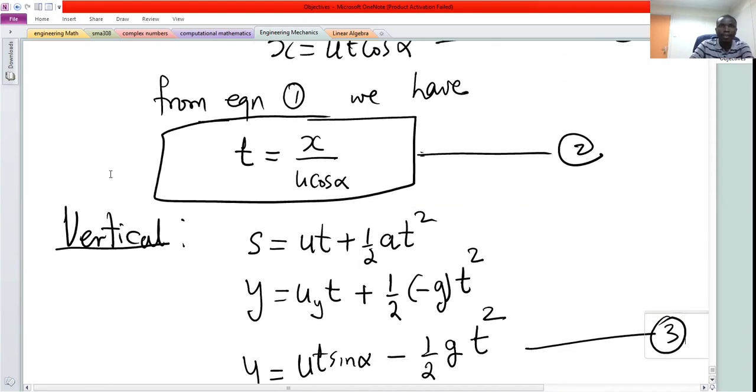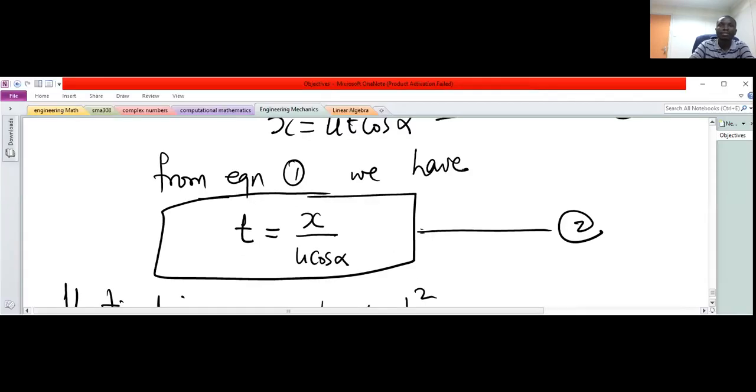Now what we are going to do is replace t in equation 3 by x over u cos alpha.